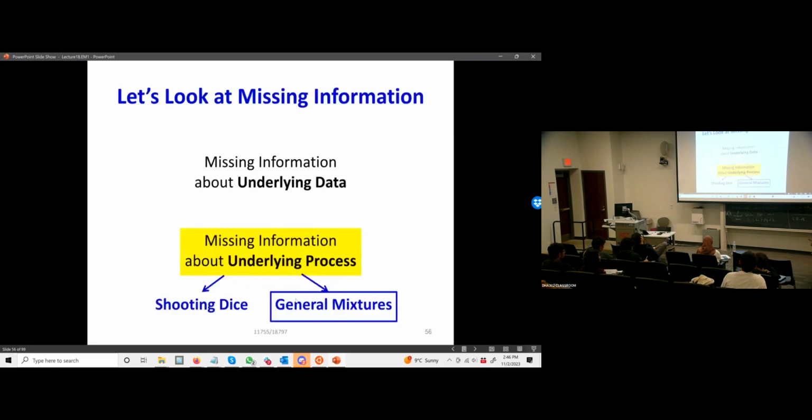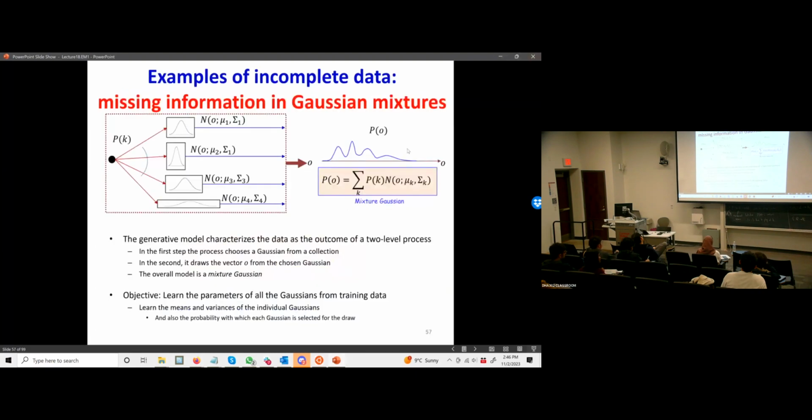And so here's the problem, right? We saw the case for shooting dice, but for more general distributions like the Gaussians, you still have the same problem. You have a bunch of Gaussians, and for any given outcome, the process first selects the Gaussian, then it draws the number or the vector from the Gaussian. And so, although the overall distribution of the outcomes that come out can look pretty complicated, like so, it's actually observations drawn from a bunch of different Gaussians. So it's a Gaussian mixture.